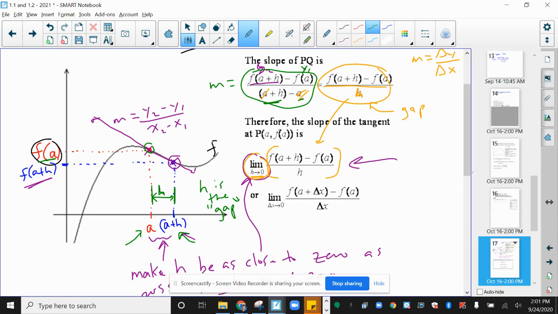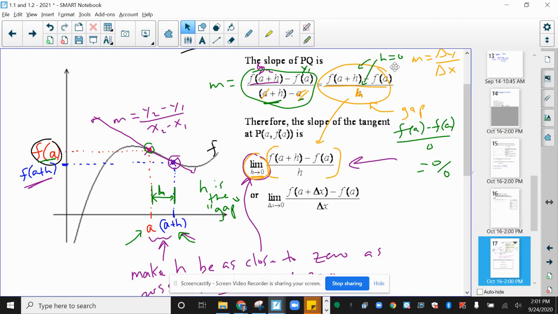If you just put in h equals 0 right now, you will get f at a minus f at a on top over 0, which is 0 over 0. So you can't make h equal 0. What I want to do is make h go as close to 0 as possible, infinitely close, but don't actually get there. And that's where limits are our friend now.